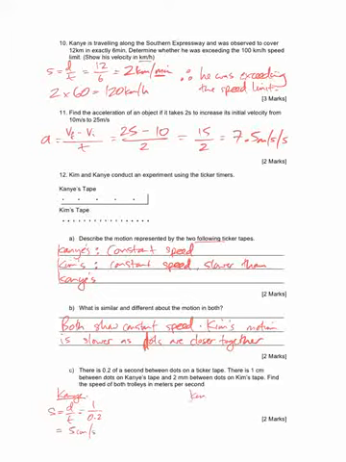Kim, speed is equal to distance over the time. Hers went 2 millimeters. 2 millimeters divided by 0.2 is equal to 10 millimeters every second.